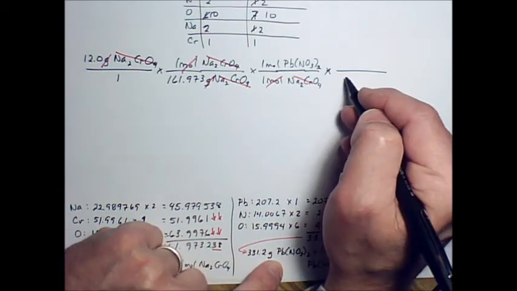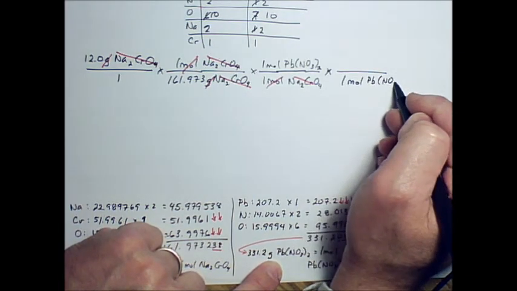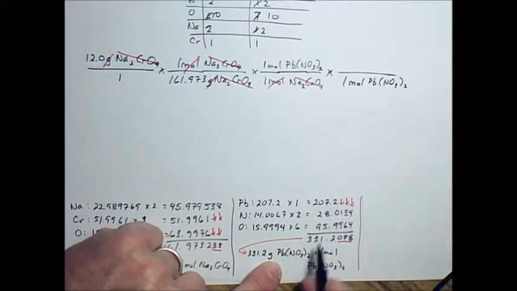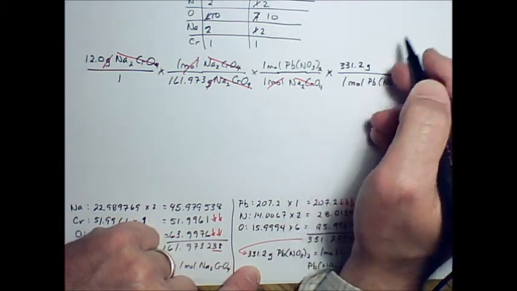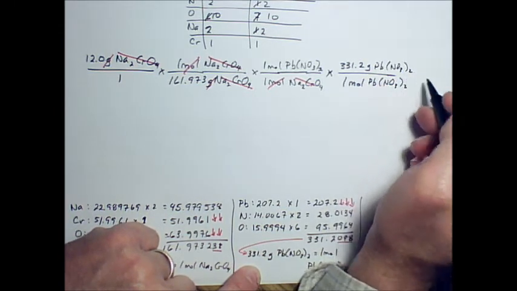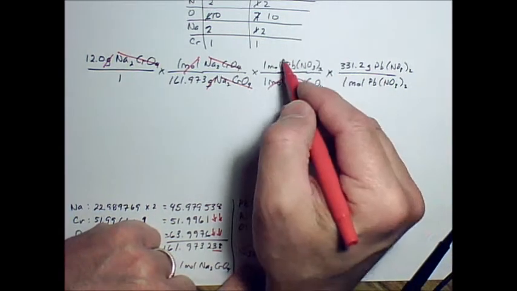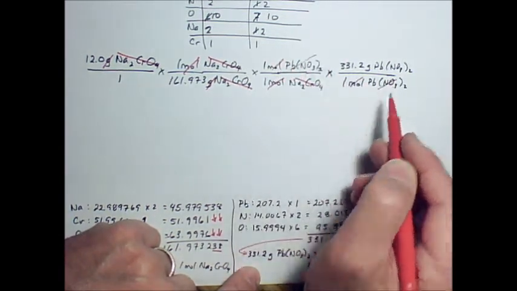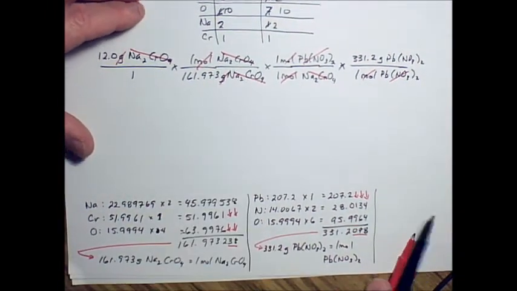So I'm going to put 1 mole on the bottom and the grams on the top. All right. And we can cancel. So we're ready to do the math now.